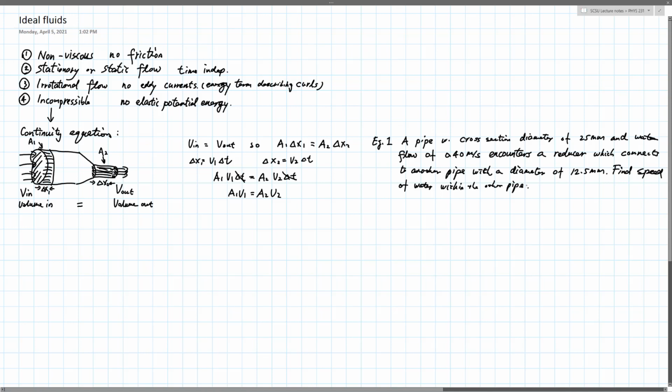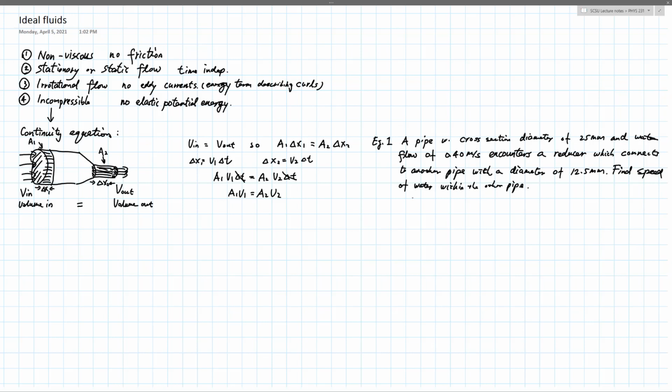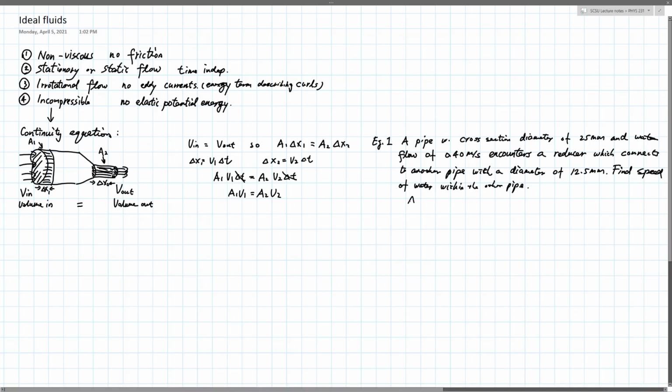Okay, so that's exactly the situation I drew on the left side. So I can just apply this equation. Remember, this is one equation, so we can only solve one unknown out of this one equation. So that will go with area 1 V1 equals area 2 V2.